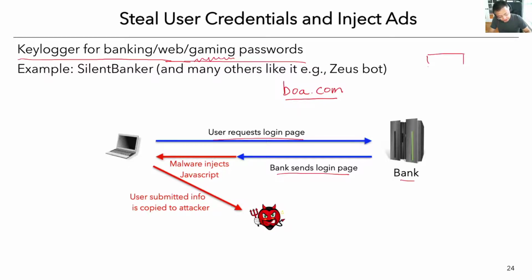In the login process, you have a username and a password, then there is a button that says log in. The JavaScript will hook into the login button. When you click this button, the JavaScript will look for those two fields and send this data to the attackers. So the user-submitted information is copied to the attacker.